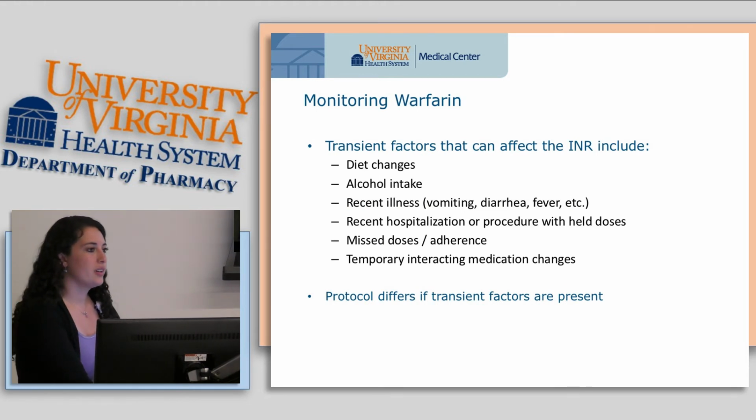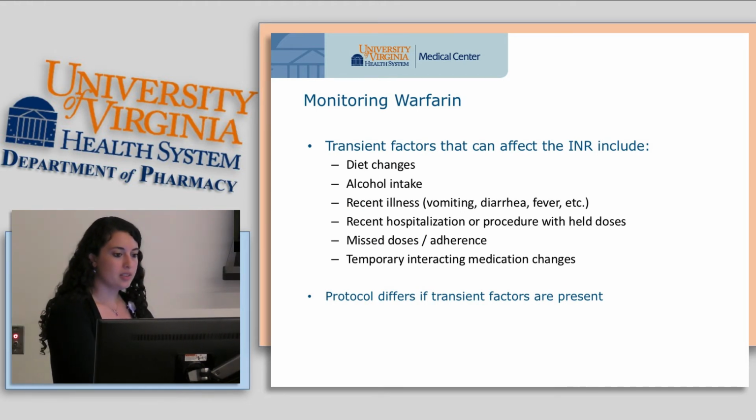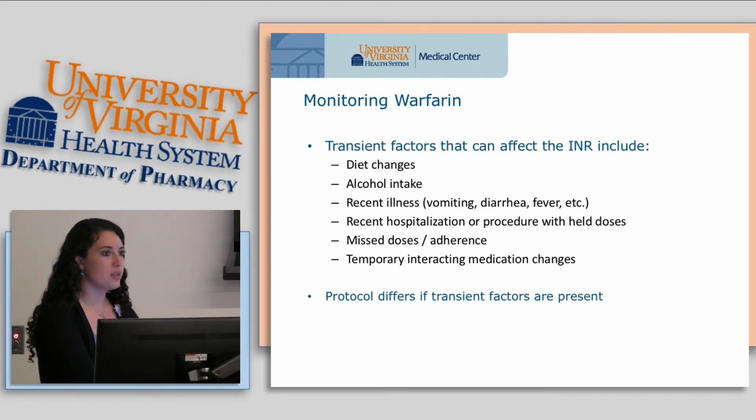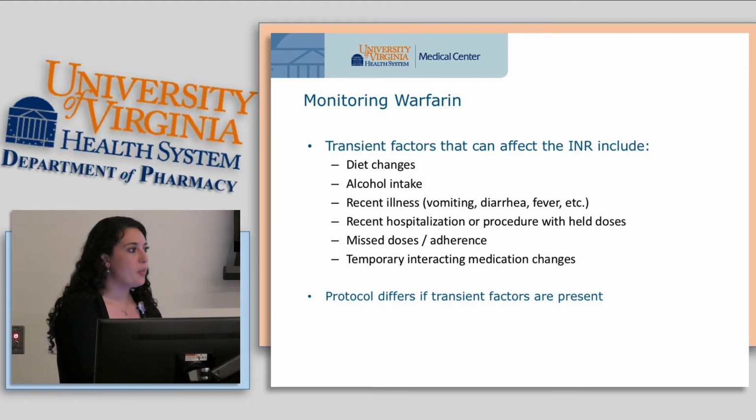And so when we're determining what to change about the patient's warfarin, we can consider different transient factors. So these are temporary things that may affect the INR, but are not permanent changes. So if that patient had the salad restaurant one time and then wasn't having it again, then that would be more of a temporary factor than a permanent change.